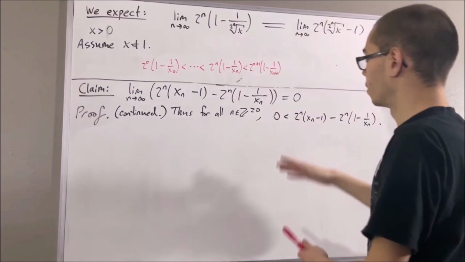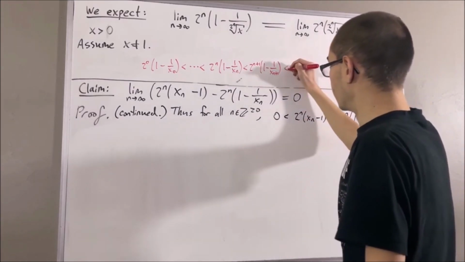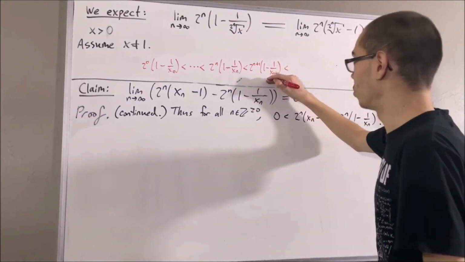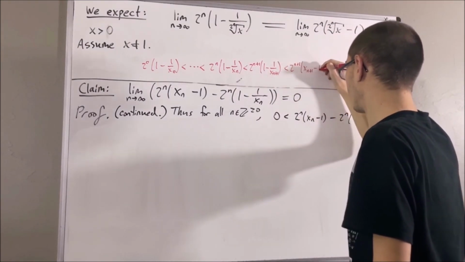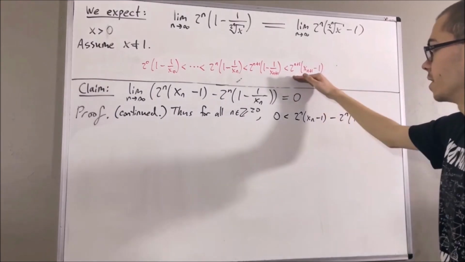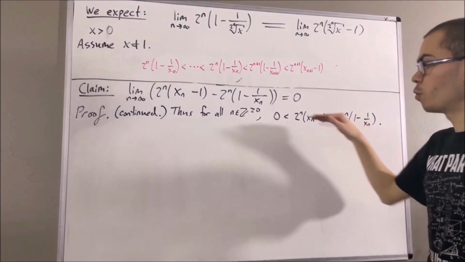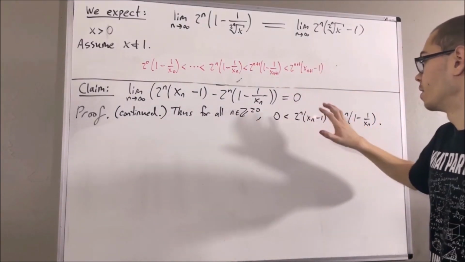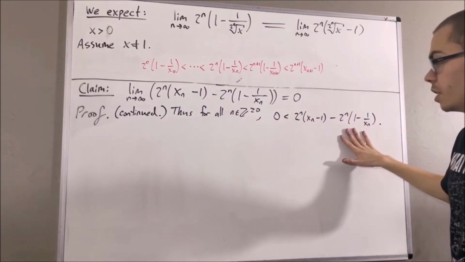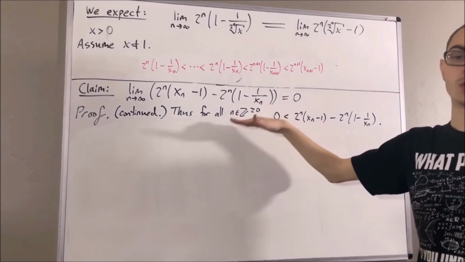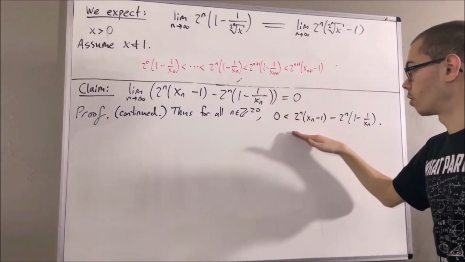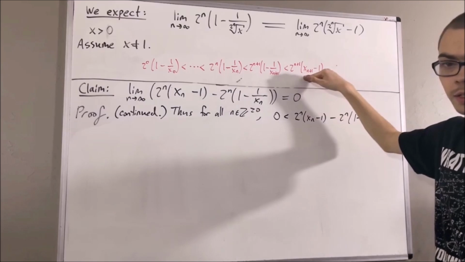But, as you can imagine, this guy must be less than the n plus 1th term of this sequence, because that is exactly what we've just proven. We have proven for all n, the difference between these two guys is bigger than 0. This statement works for all n, so in particular it must work for n plus 1. Right? And so that's precisely what this is telling us.